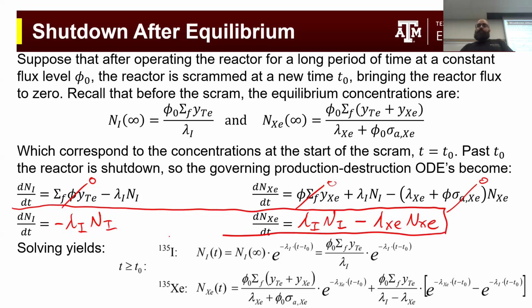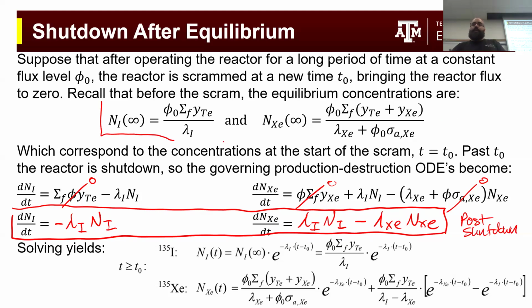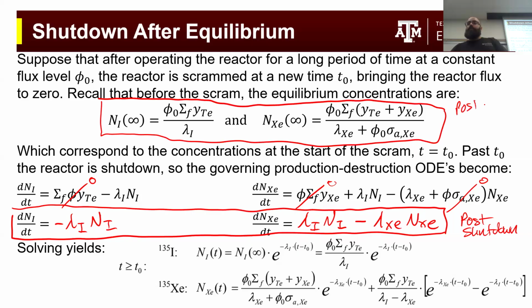These are my post-shutdown equations. And these are my initial conditions, because this is the amount that I have of those nuclei at the moment that I've shut down. So these are my post-shutdown initial conditions.